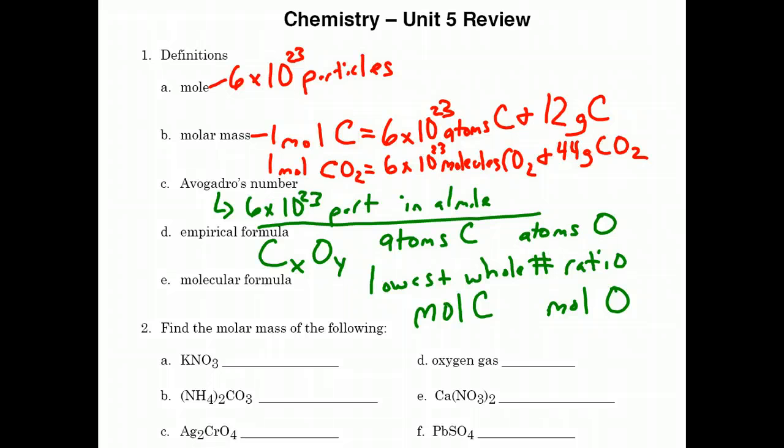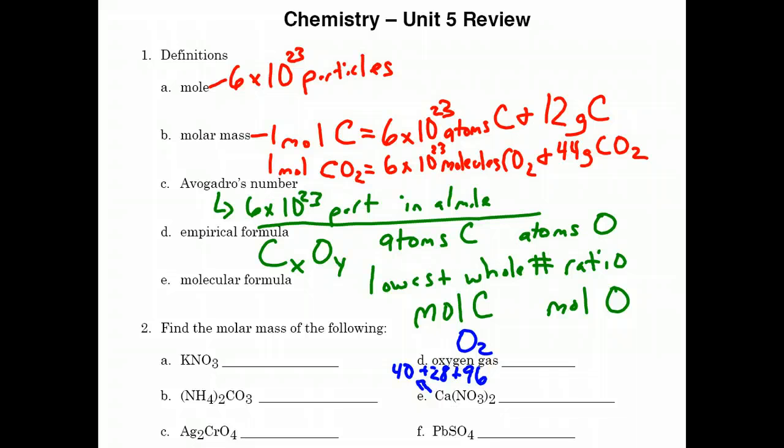Okay. Find the molar mass of each of the following. Just a couple side notes on this. Just remember that this is O2. If I was trying to do letter E, this would be 40 plus, we've got 2 N's, that's 28, plus 6 O's is 96.